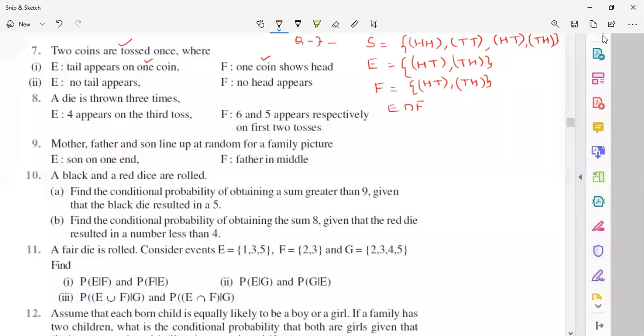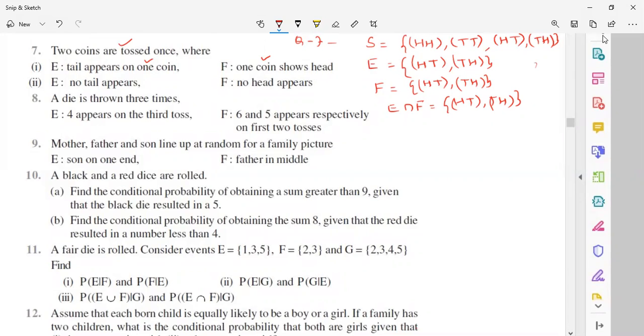E intersection F is equal to also the same: head, tail, tail, head. So here obviously the answer should come 1 because E is equal to F.